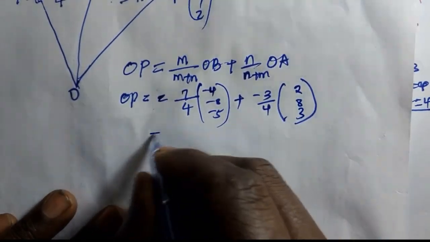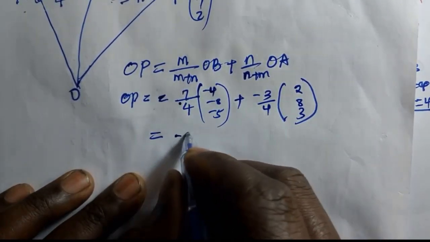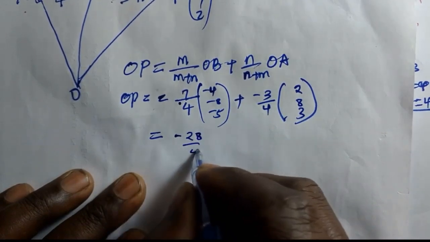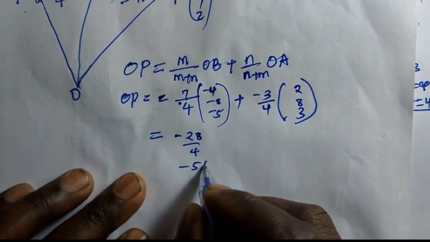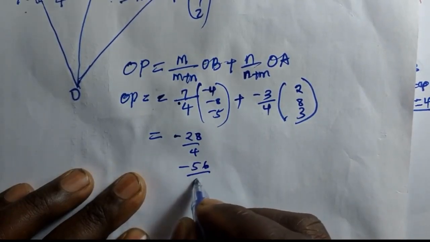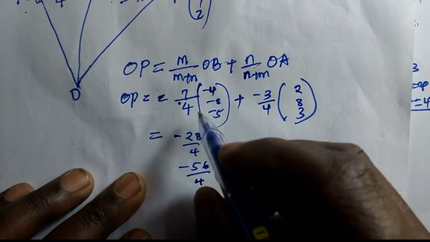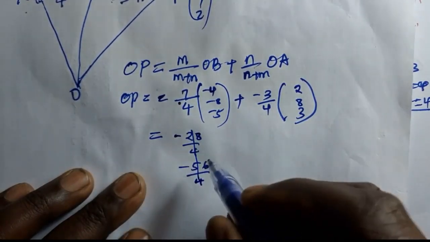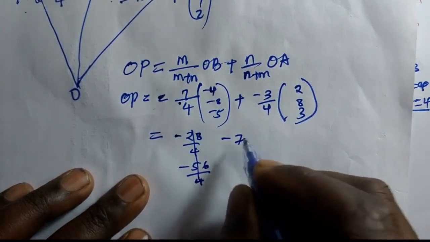So this one is the same as this times that, you will get negative 28 over 4. This times this is negative 56 over 4. Actually this cancels out. So let me cancel this, that I cancel. So 4 will cancel out, so we'll have negative 7.